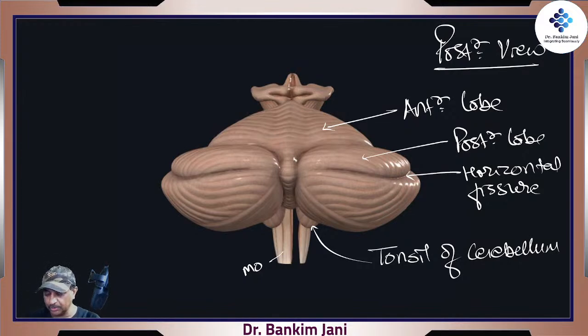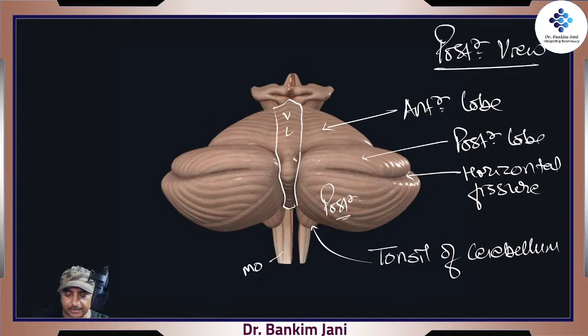This tonsil of cerebellum is continuous with the posterior lobe. And this portion which is in the center, this elevated one, that's called vermis.